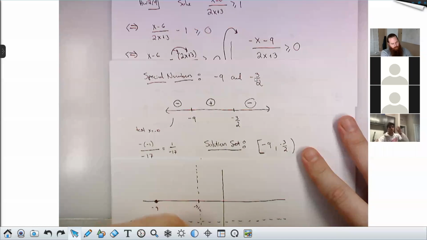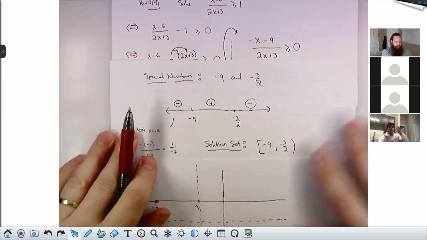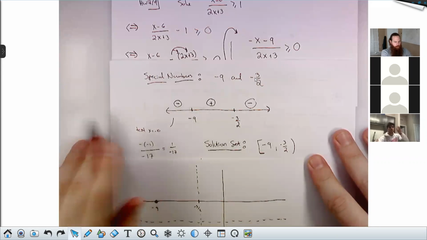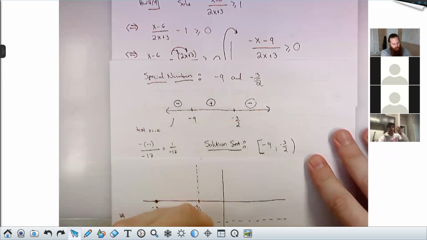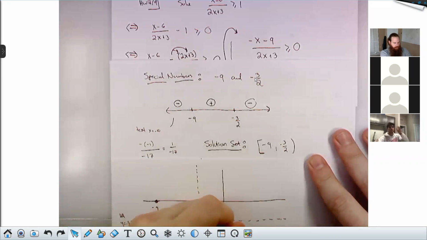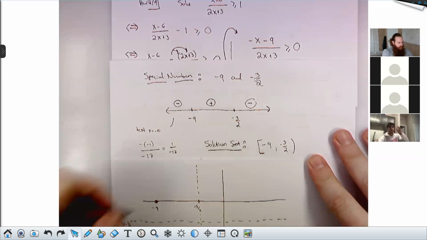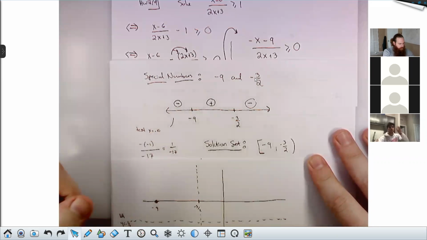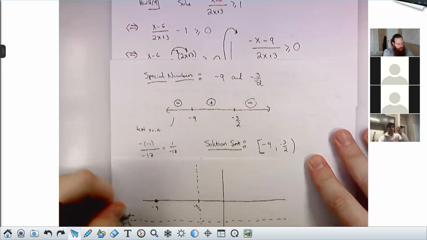If I wanted to graph this function, I would begin by drawing the intercept and asymptotes. My y-intercept is -9 over +3. That's -3. And that is it. So I would end up doing something over here. I know I'm negative.